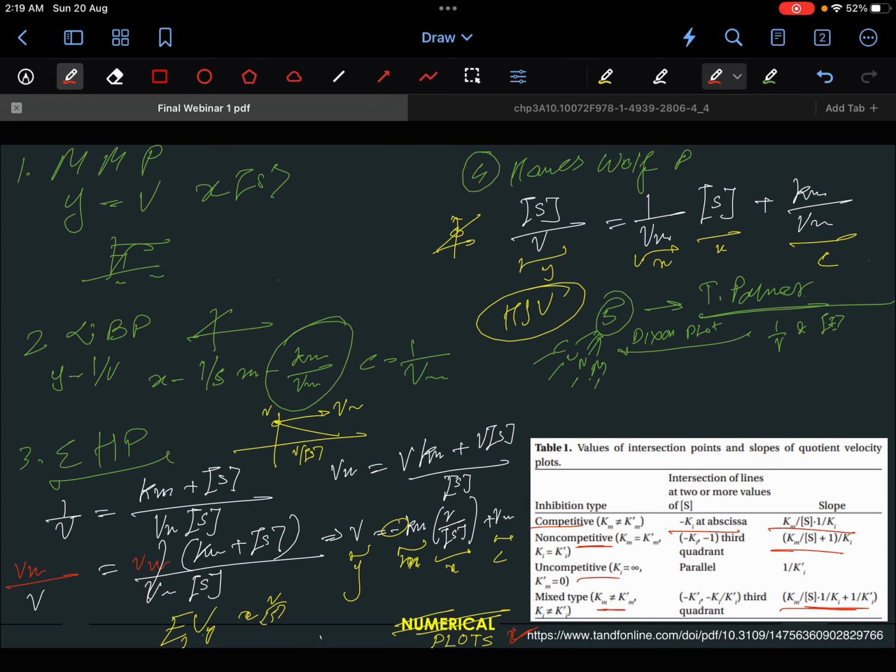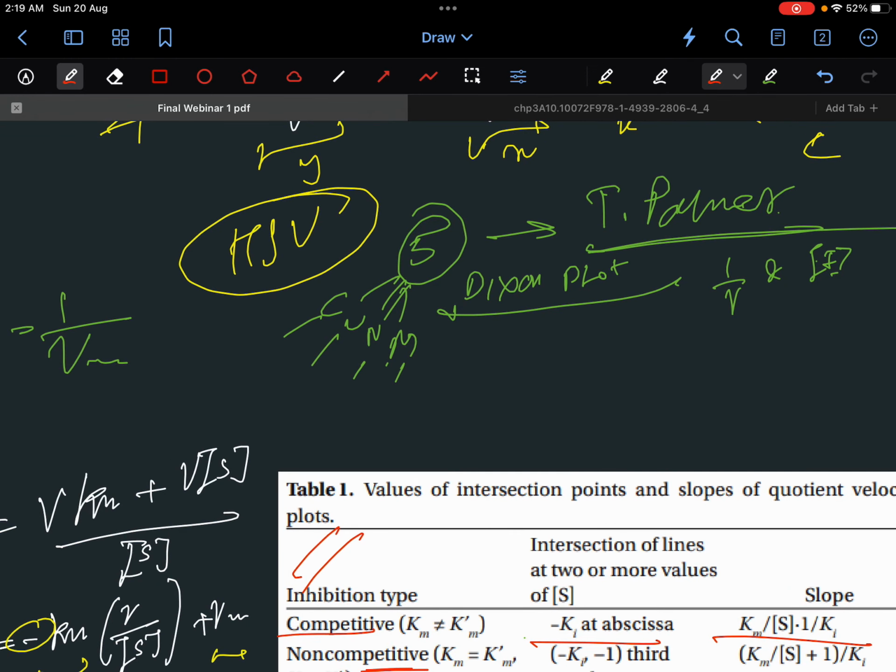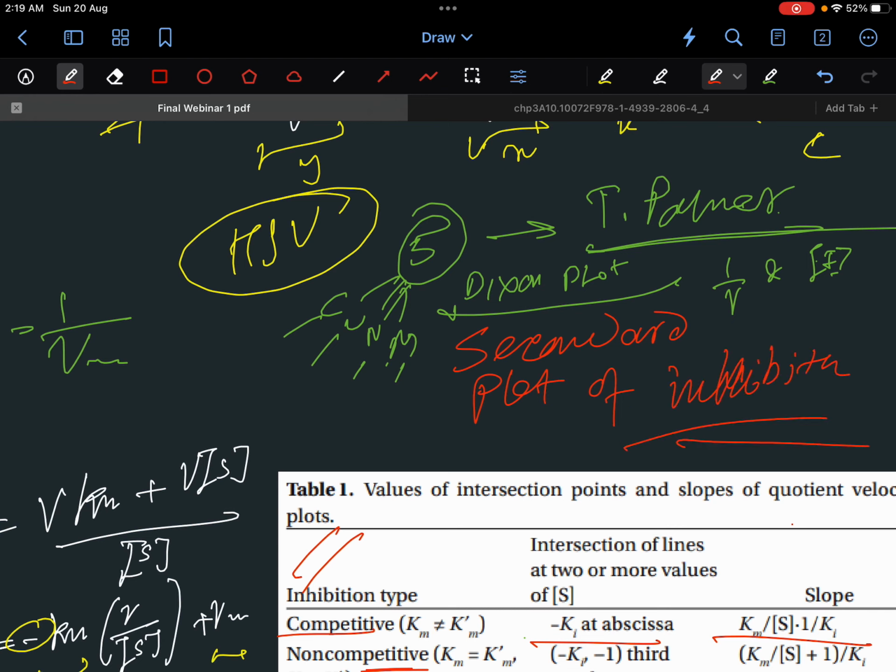There is an article, and I have just taken this photo from that article only. This is the DOI, so go there and see. For now, just remember that Dixon plot is also known as the secondary plot of inhibition. ये याद रखो फिर.